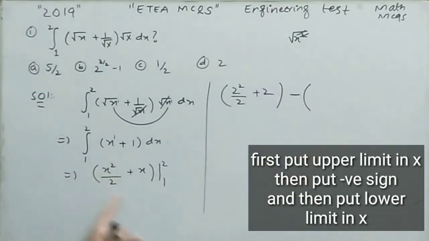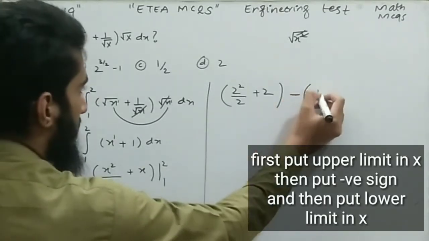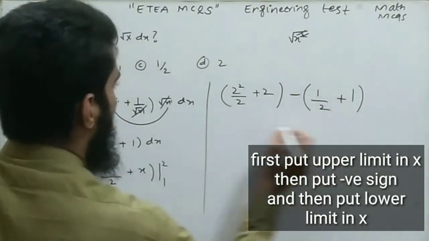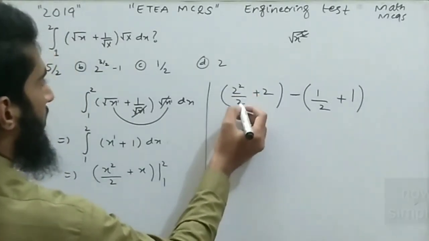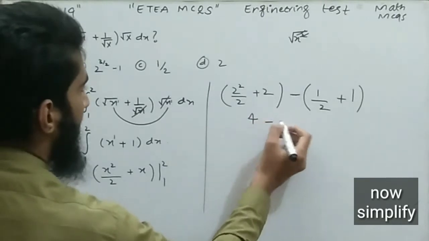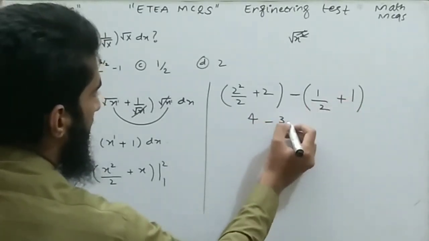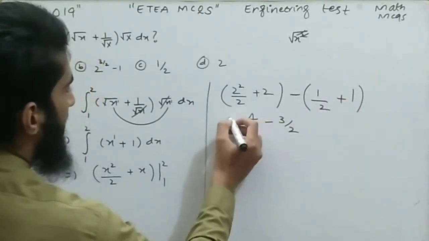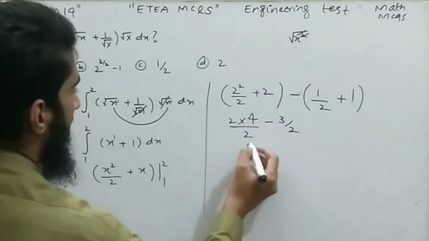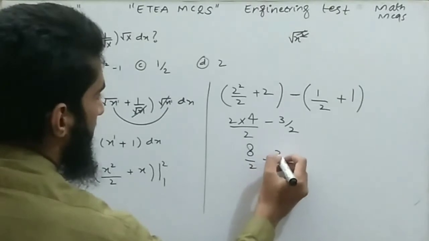Now put 1 in this expression, so it becomes 1 by 2, and by putting 1 over here it becomes just 1. Now 2 square gives us 4 by 2, which gives us 2, and 2 plus 2 gives us 4, and minus the quantity 1 by 2 plus 1 gives us 3 by 2. Now I multiply and divide by 2, so 2 multiplied by 4 gives us 8, 8 divided by 2, and minus 3 by 2.